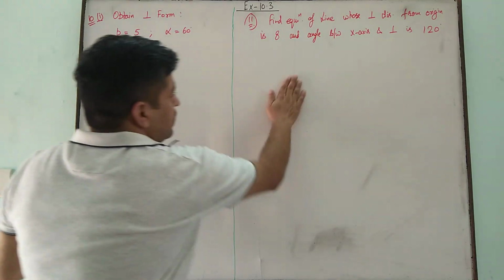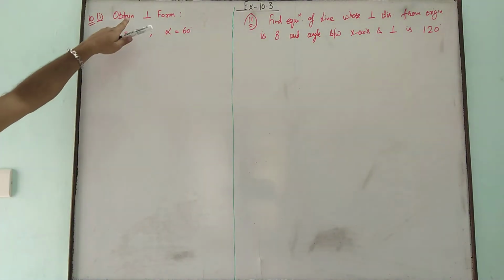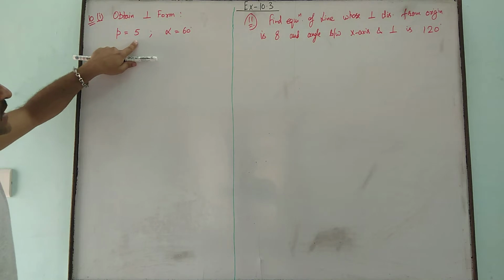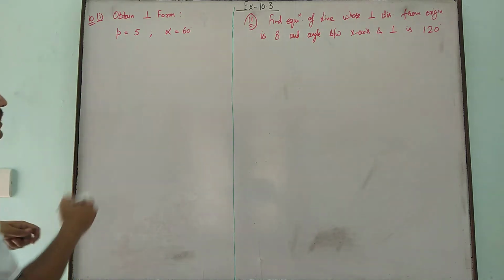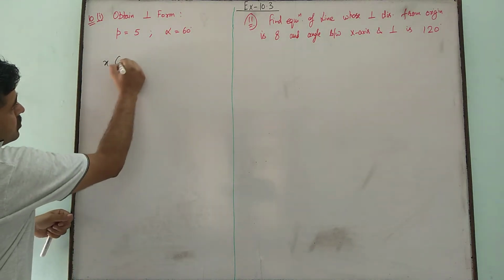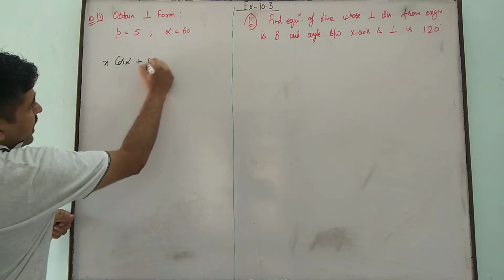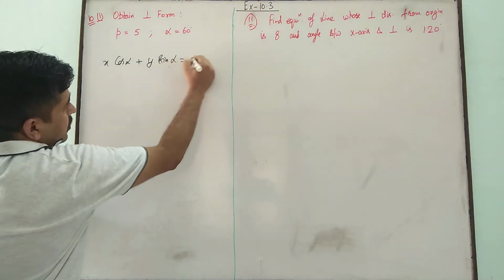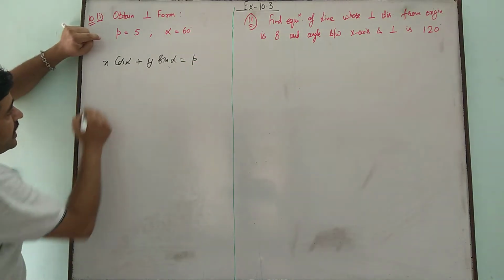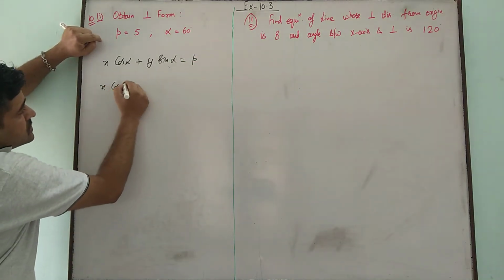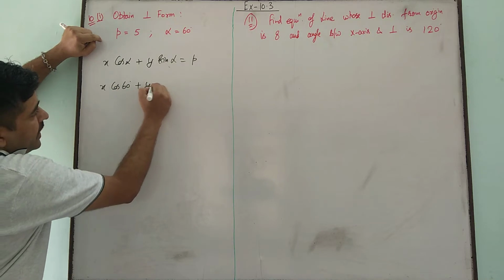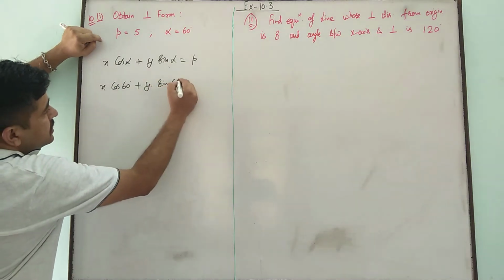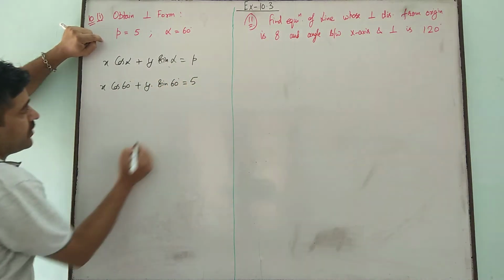Then we have a question. He said obtain perpendicular form if p is 5 and alpha is 60. So we have x cos alpha plus y sin alpha is equal to p. So directly we can have x cos 60 plus y sin 60 is equal to 5.